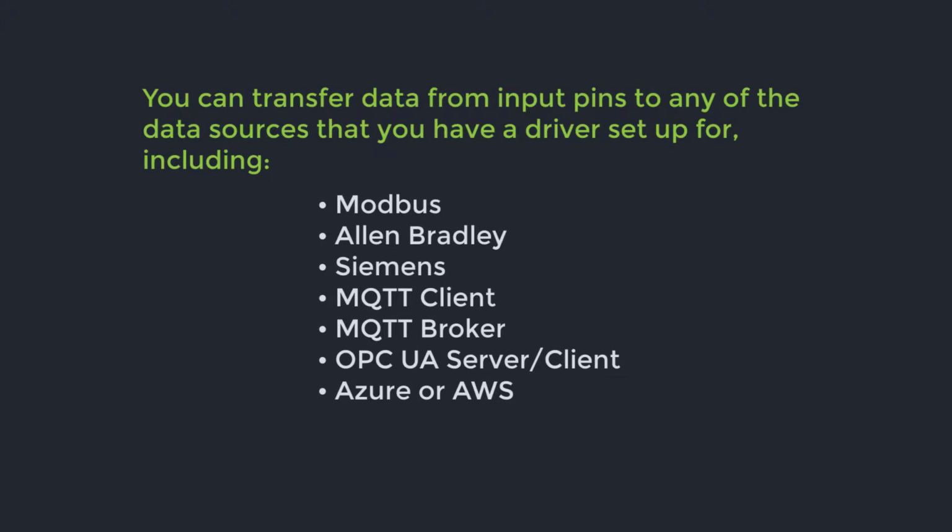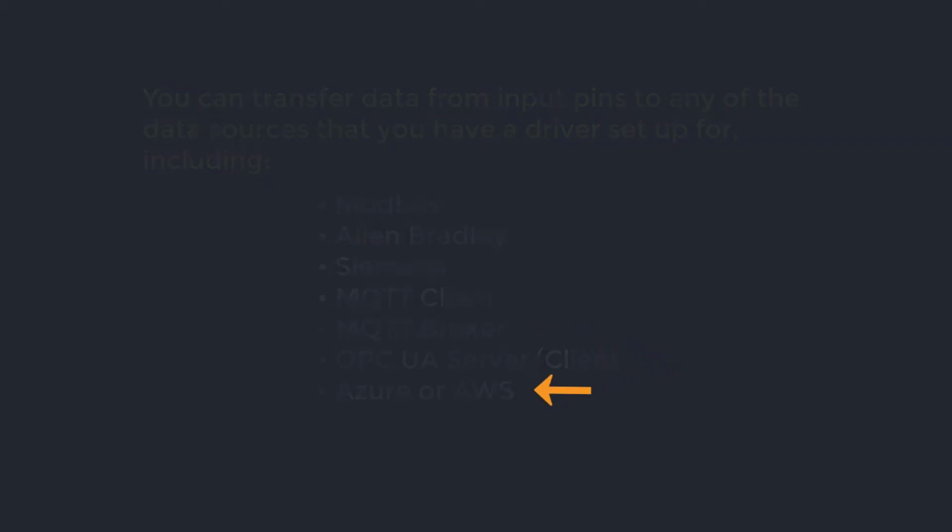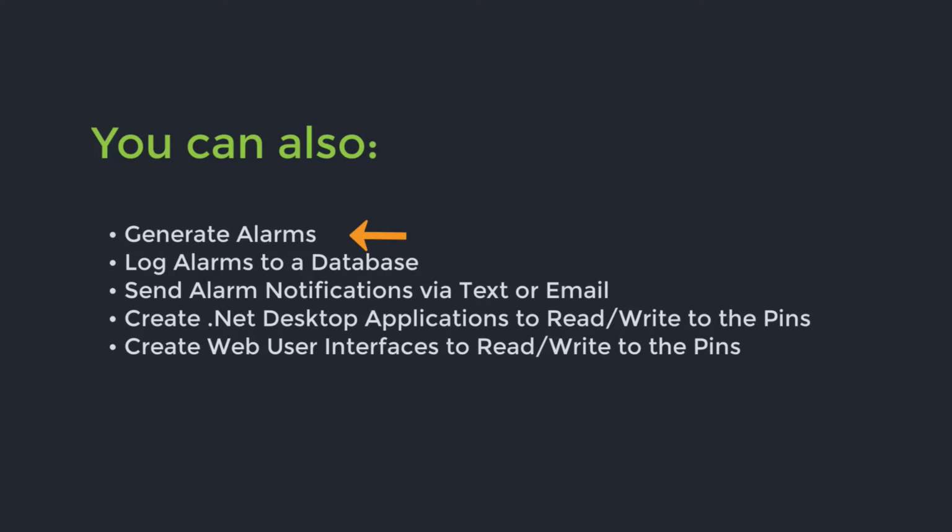You can now read or write to your new pins, depending on the pin mode. You can transfer data from input pins to any of the data sources that you have a driver set up for, including Modbus, Allen Bradley, Siemens, MQTT client and MQTT broker, OPC UA server and client, Azure or AWS. You can also generate alarms, log alarms to a database including SQL Server, Oracle, Access, MySQL, CSV, InfluxDB, and others.